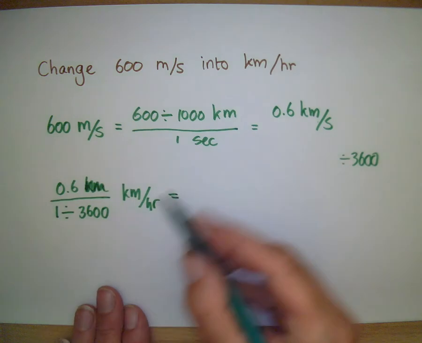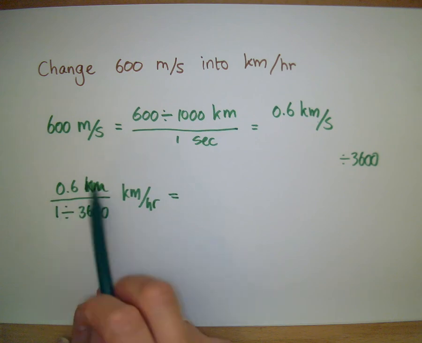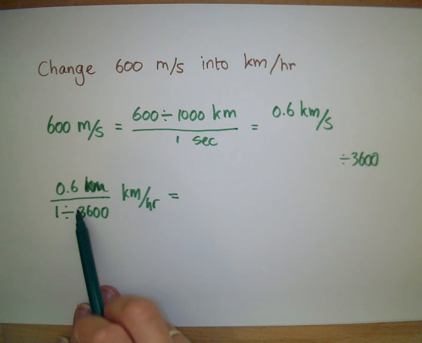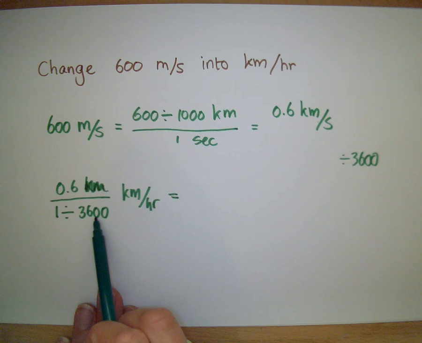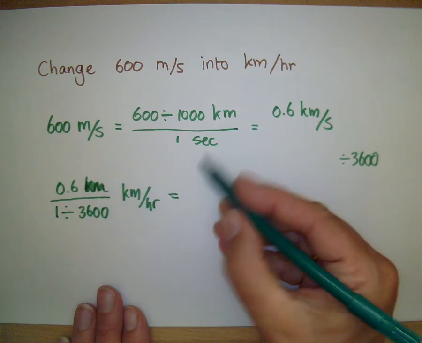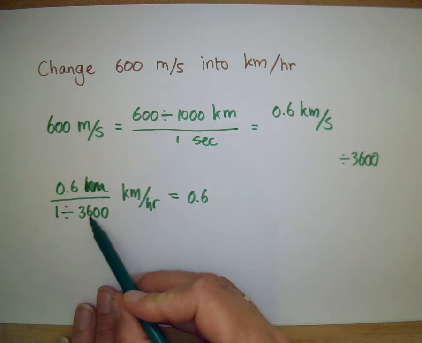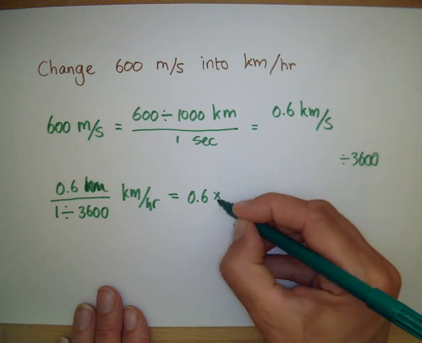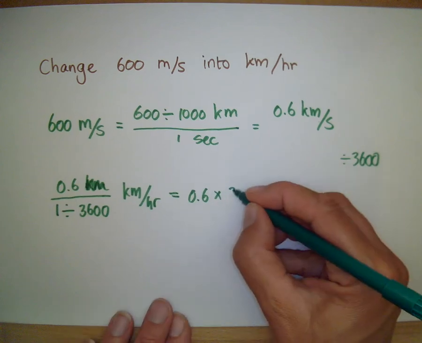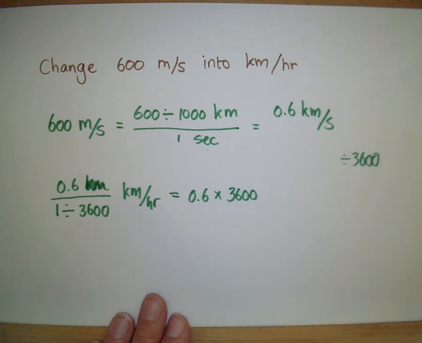All right. 1 divided by 3,600. This is the tricky part. We are dividing by a fraction, right? See that? 0.6 divided by 1 over 3,600. Dividing by a fraction is the same as multiplying by its inverse. The inverse of 1 over 3,600 is 3,600, right?